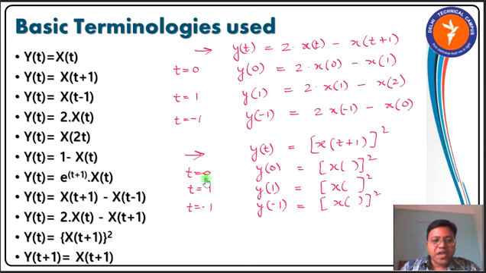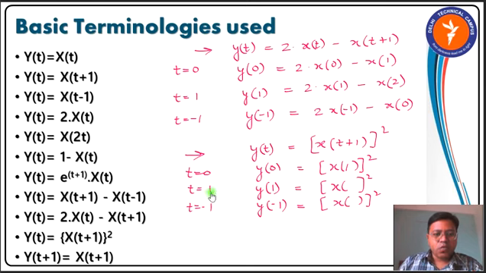Now at t equal to 0, if I substitute t equal to 0 in this equation, the present output y of 0 will be equal to x of 1. Now this equation says that present output will depend upon the future input square.